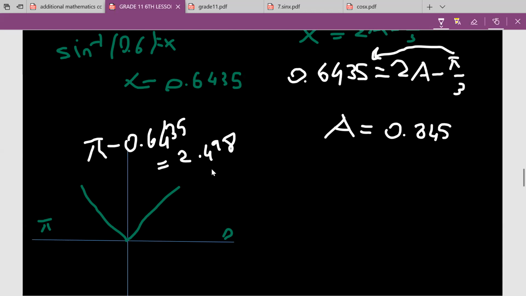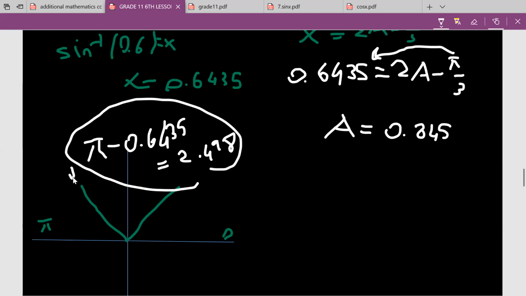This is our second x. We find the second x in the second quadrant. 0.6435 is here in the first quadrant.